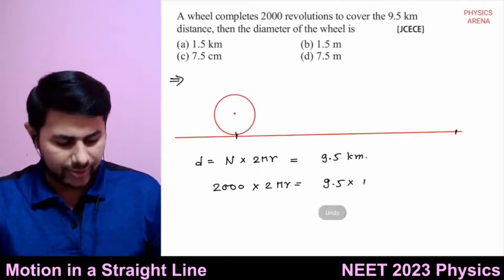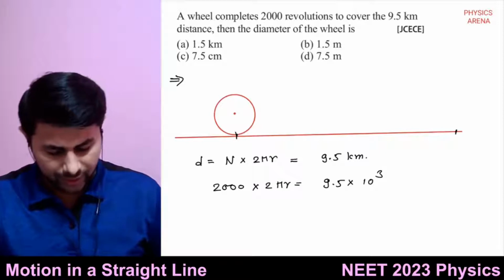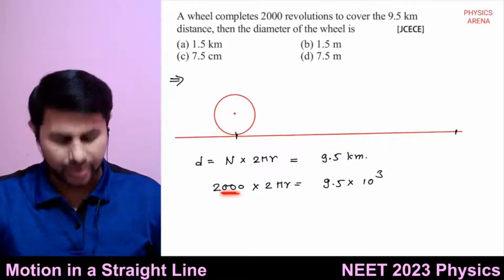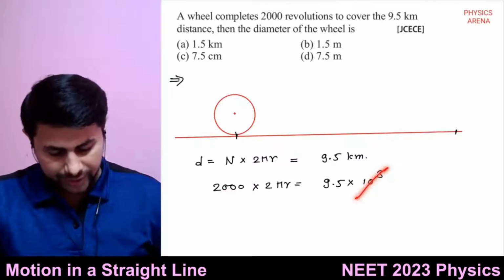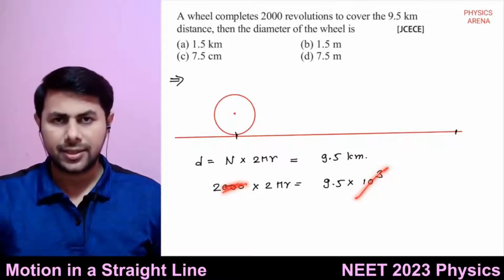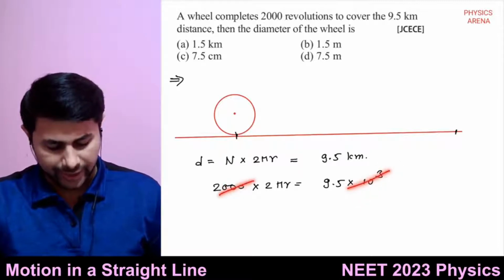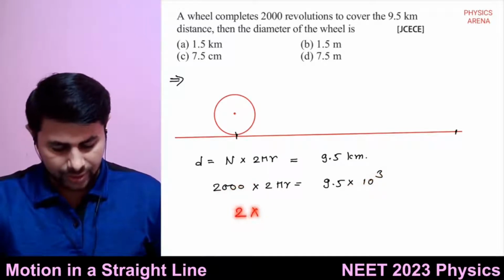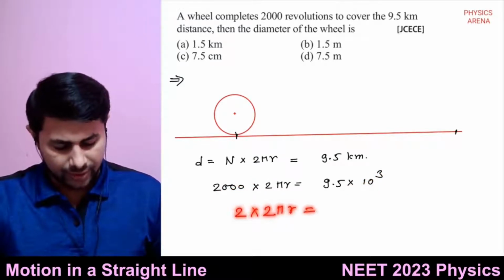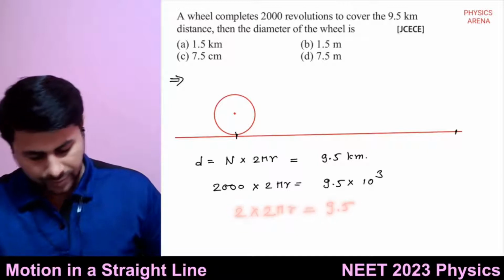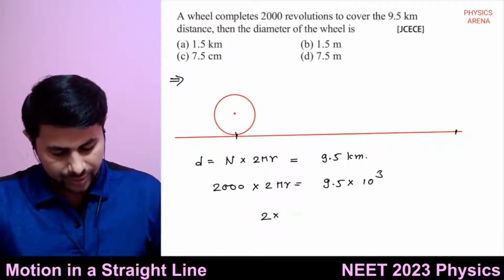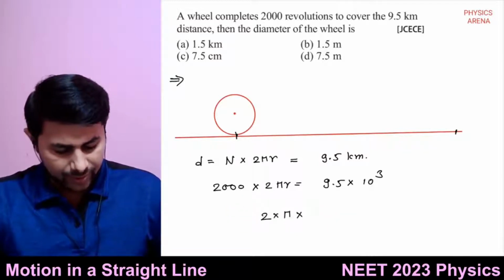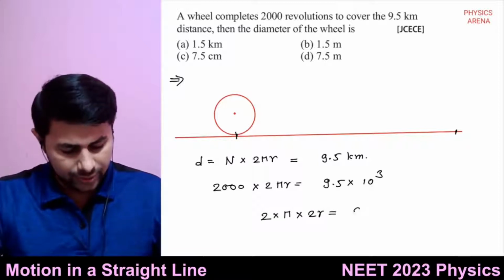Let's multiply by 10 raised to 3. Let's convert it into meters because we have got 2000 over here. So this 10 raised to 3 and this thing gets cancelled out. I mean, we can divide both sides by 10 raised to 3. So we are left with 2 times 2 pi r equals 9.5. So 2 times pi multiplied by 2r equals 9.5.